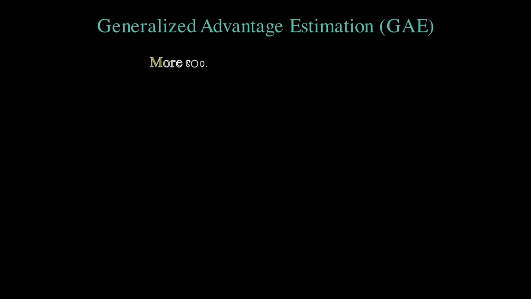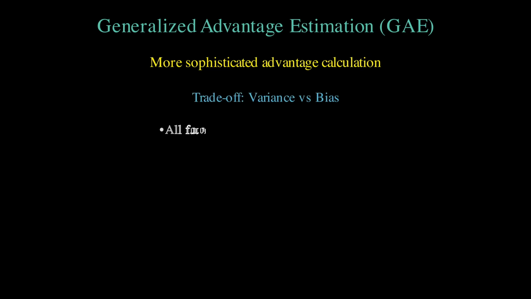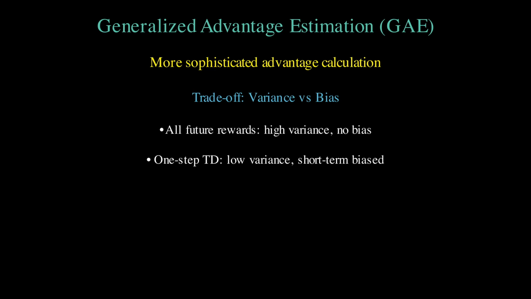However, there is a more sophisticated technique to calculate the advantages called generalized advantage estimation. This idea combines both of our previous ideas, that is, discounting all future rewards and subtracting the value, which can be noisy if future rewards fluctuate a lot, and the method where you take a reward plus the value at the next state minus the current value, and this can be short-term biased, which is a problem.